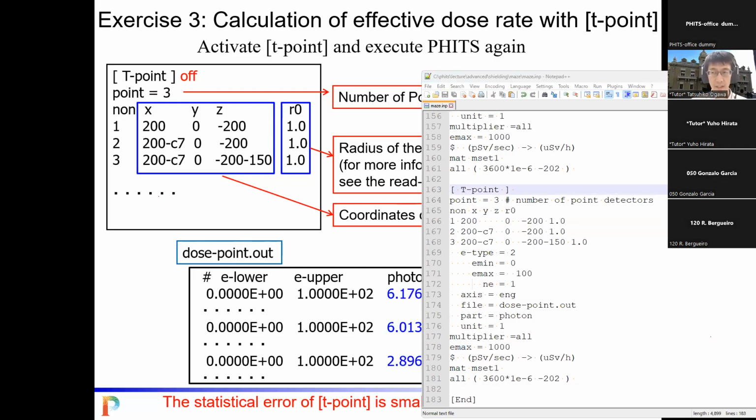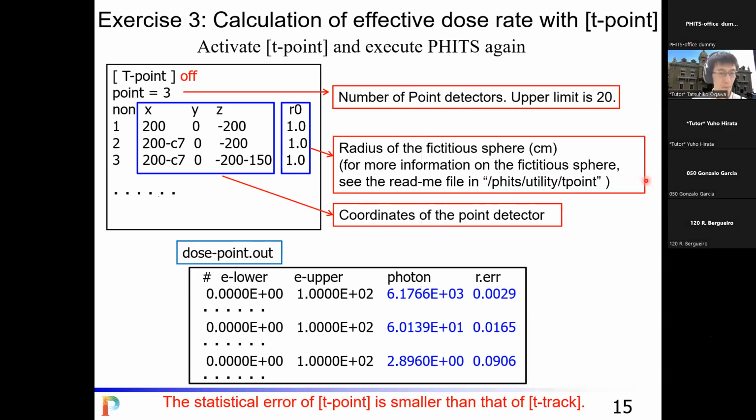And then this time it takes a bit long because this input file runs not only T-track, but also a T-point. Calculation goes on.